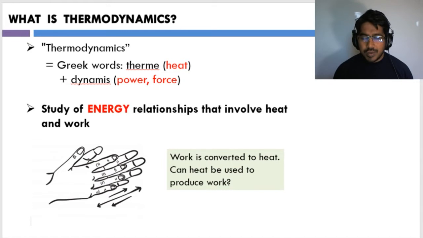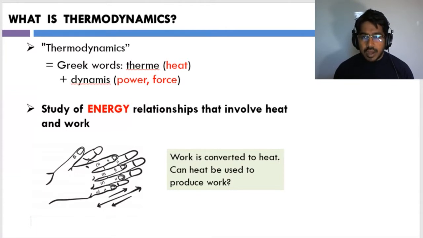When you put heat and power together, it doesn't look sensible. I mean, heat power doesn't make much sense, but heat force, you can get the idea. Like the definition says, study of energy relationships that involve heat and work. Basically, we are trying to study how we can use heat and work in combination in this course, right?